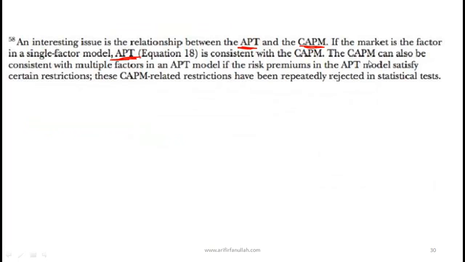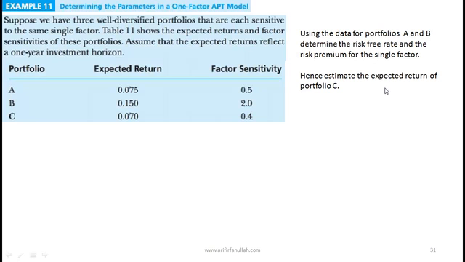The CAPM can also be consistent with multi-factors in an APT model if the risk premiums in the APT model satisfy certain restrictions. These CAPM-related restrictions have been repeatedly rejected in statistical tests. Okay, now this is what you are likely to see on your exam. So examples 11 and 12, make sure you understand them. They are fairly straightforward.